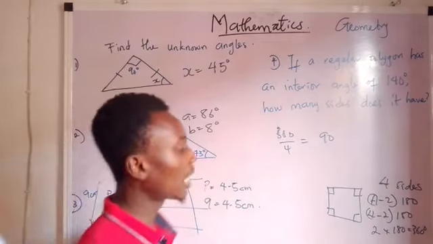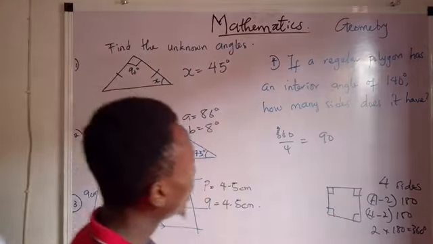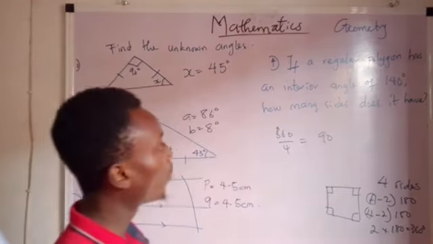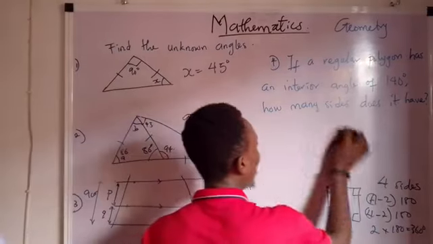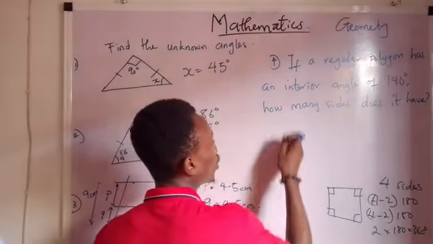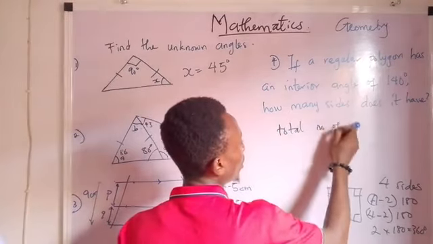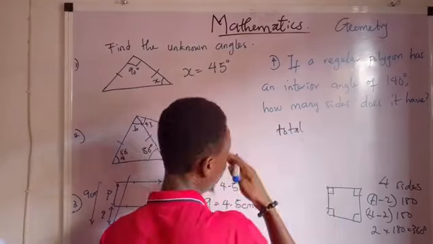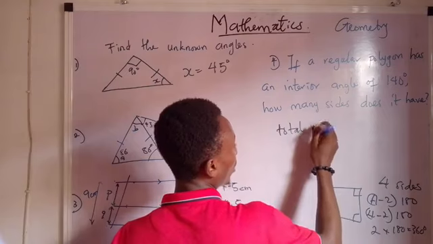So it means that to calculate the number of sides of a polygon is very easy. What do we do? We use the general formula. It means that the total number, what do I call it now?